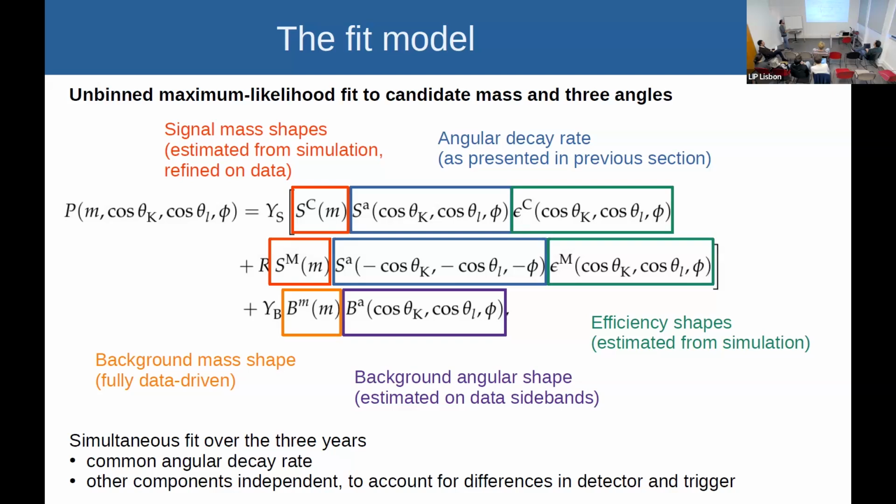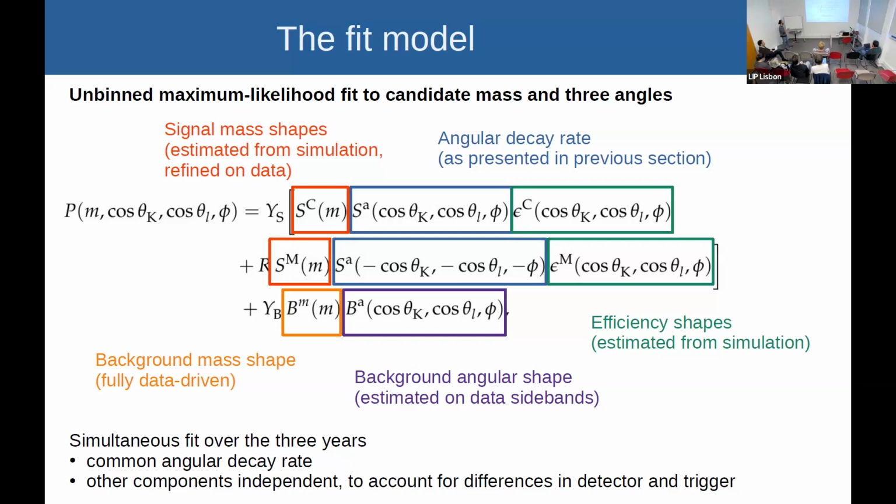This is quite important. Since all our selections have a strong impact on the angular shape of our signal, it's very important to control this effect, and what we want to do is to include this shape in the fit model.